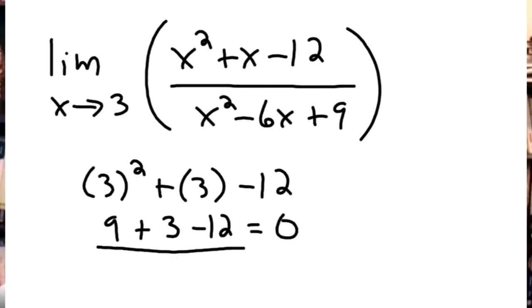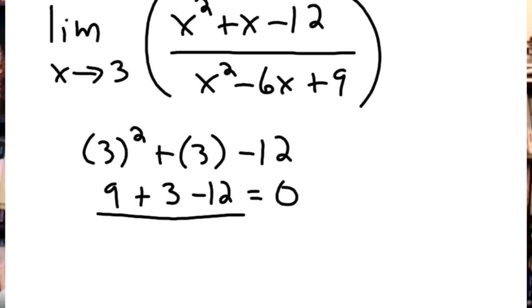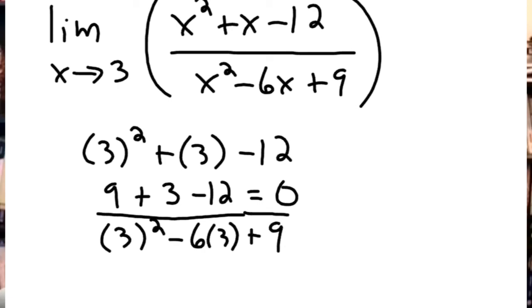See what happens on the bottom. On the bottom, we'll have 3 squared minus 6 times 3 plus 9. So that's 9 minus 18 plus 9.